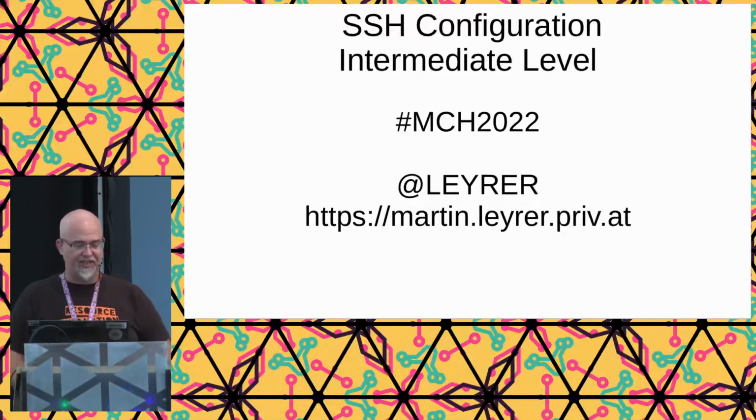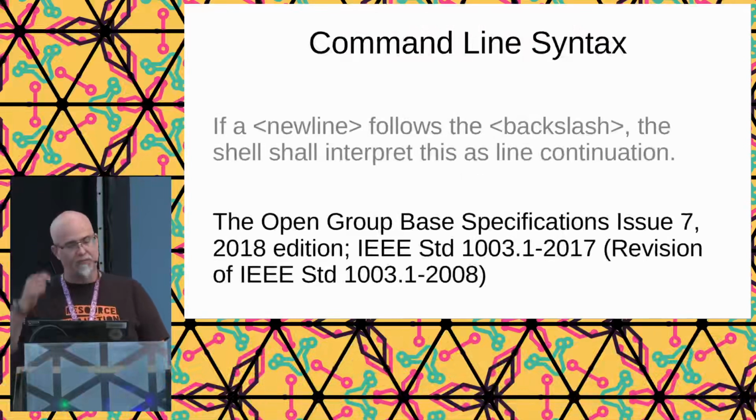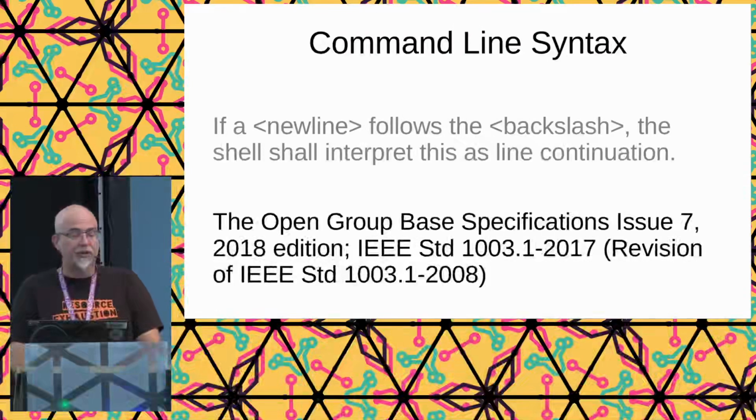Right, before we start, just one word on command line syntax. I have a lot of command line examples. I'm also doing some live demos, so just let me know if the font is too small, we can arrange something, and I can modify a few things. In order to make it more readable in the slides, I'm following the POSIX 2017 standard that a backslash followed by a new line shall be interpreted as a line continuation.